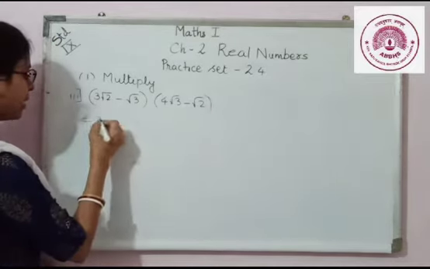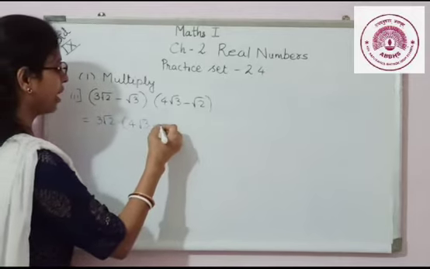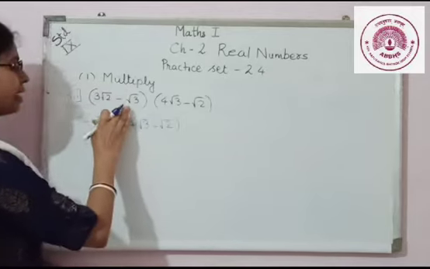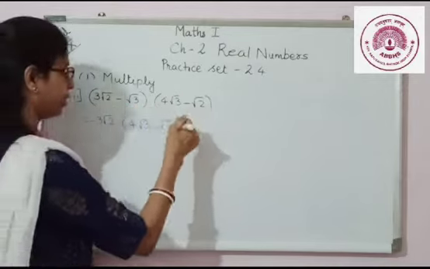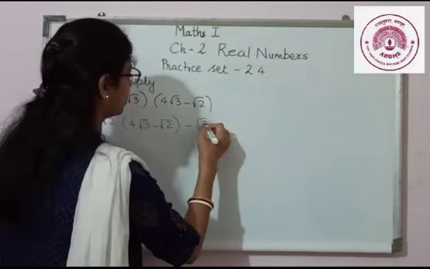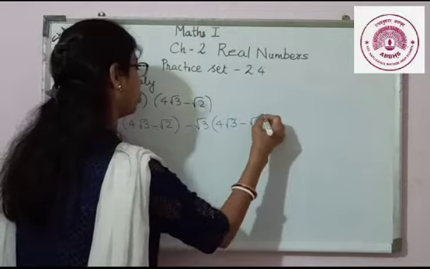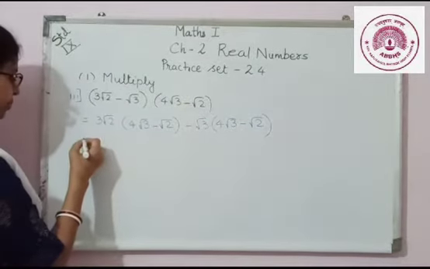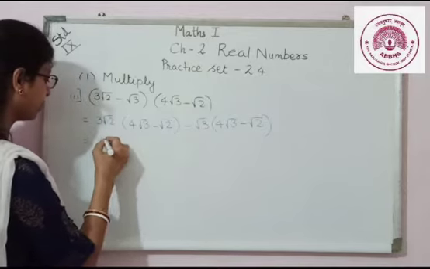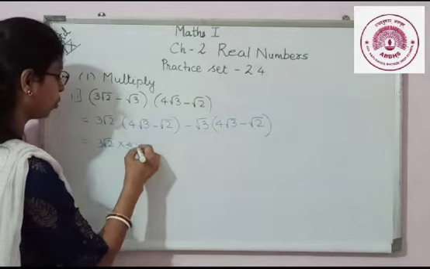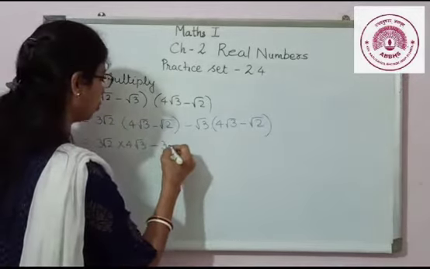So like this 3 root 2 multiplied by 4 root 3 minus root 2. And again with the second term with the whole bracket again. Okay. So minus root 3 into bracket 4 root 3 minus root 2. Now we can multiply. So 3 root 2 multiplied by 4 root 3 minus 3 root 2 multiplied by root 2.